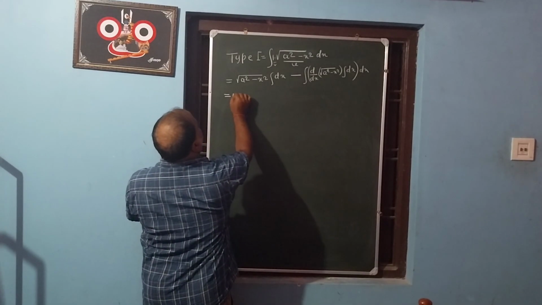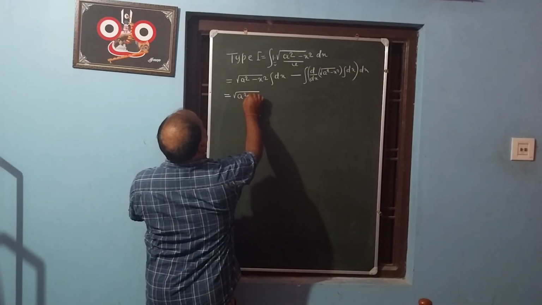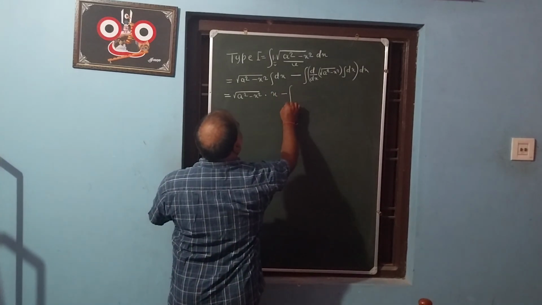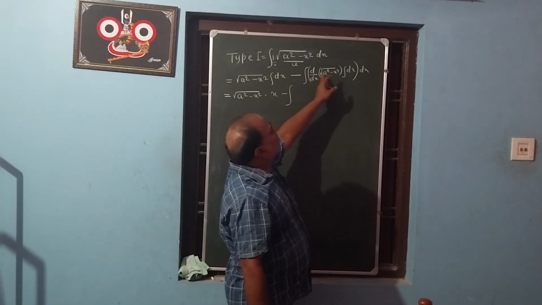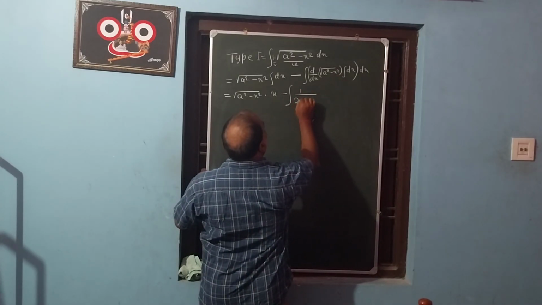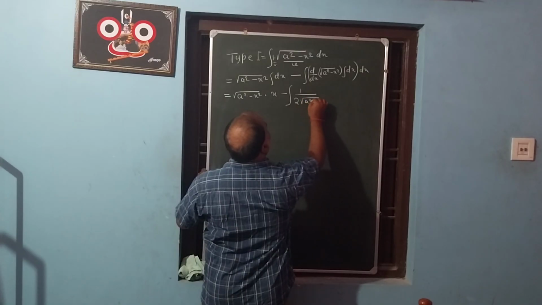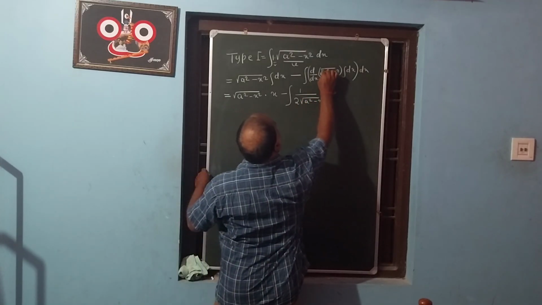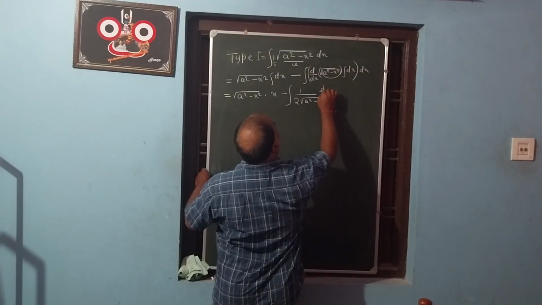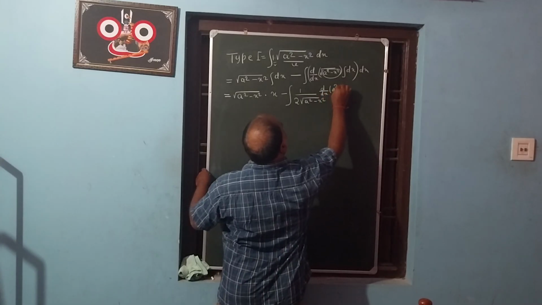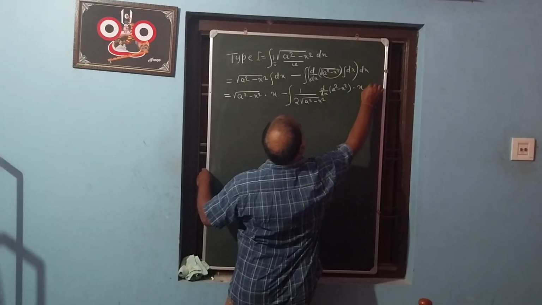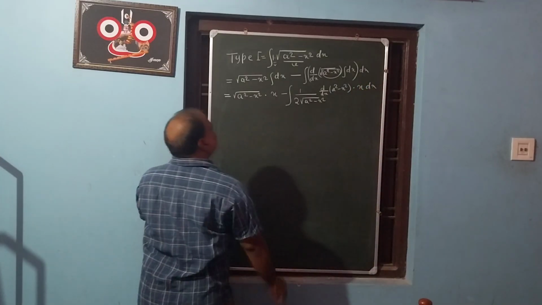So we get root over a square minus x square into x, minus integration of the derivative of root over a square minus x square, which is 1 by 2 root over a square minus x square into the derivative of a square minus x square by the chain rule, into x, whole into dx.